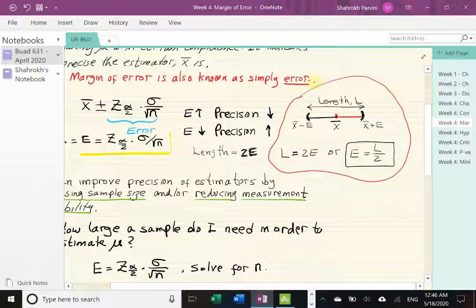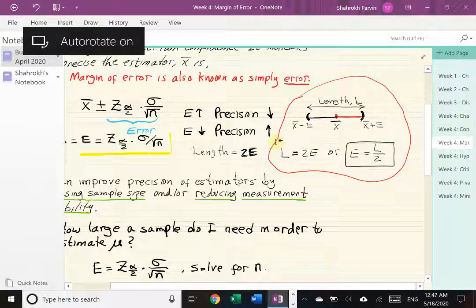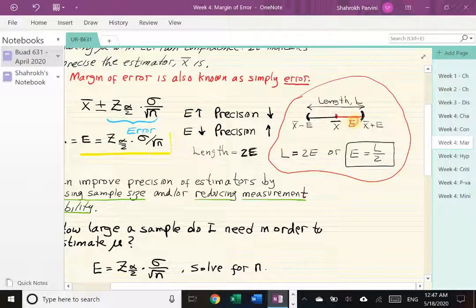So if you think about the length of the confidence interval, it stretches from X bar, the center, out to X bar plus margin of error, and X bar minus margin of error E. Then the whole length of the confidence interval is L, which is made up of 2 E's. That's because we have one E above the center, and then we have an E directly below it. So 2 times the margin of error is the length of the confidence interval.